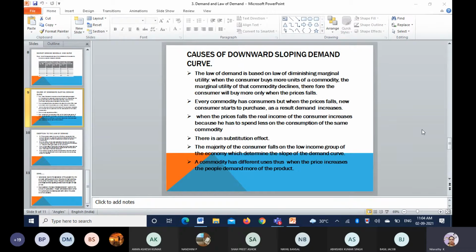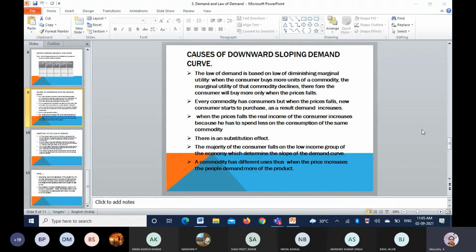So every product will have a consumer. For example, for no product which is being produced can we say that there is no consumer for it. Every product, whether inferior or superior, whatever it might be, there are different types of consumers, and there will be a consumer for all the products. So when the price falls, new consumers will come into that market, or they will be purchasing that particular product.